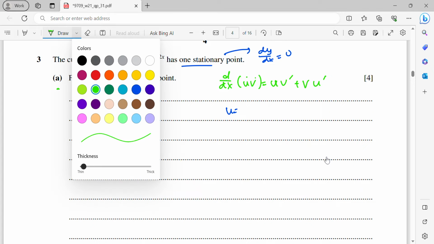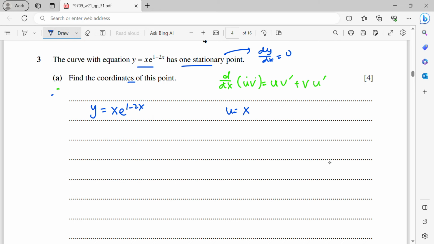Okay, so now my u is going to be x, then my u prime is 1, my v is e^(1 minus 2x), and my v prime is, now to differentiate an exponential function, so differentiate e^(f(x)), it will be rewriting the e, then differentiating the power of e, which is f prime x.